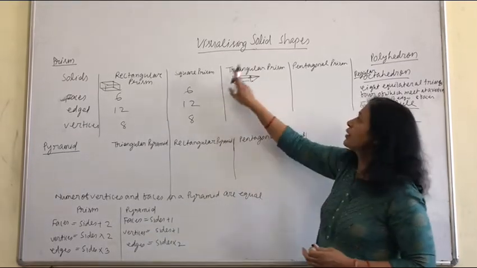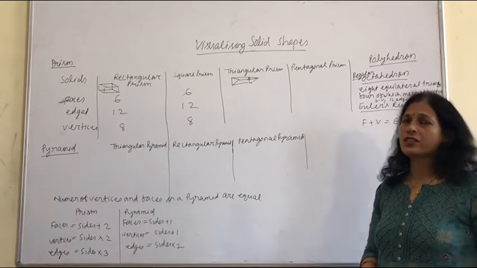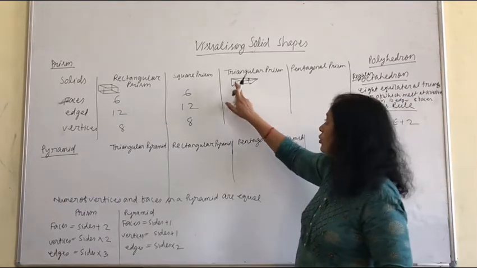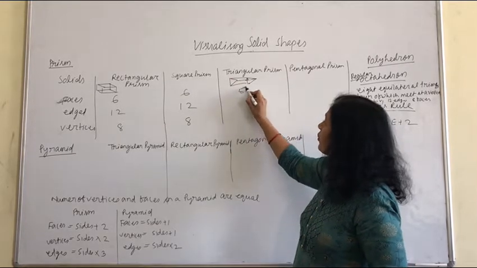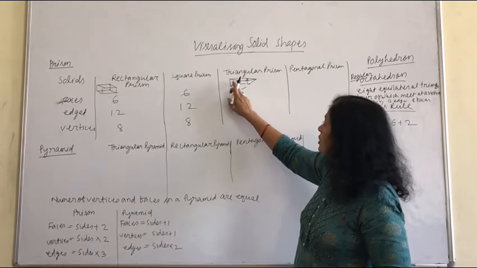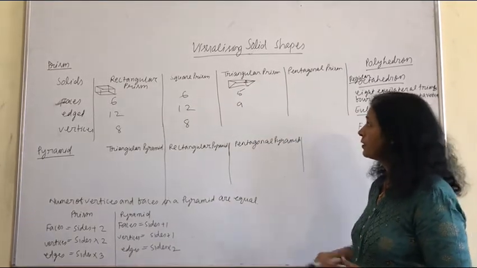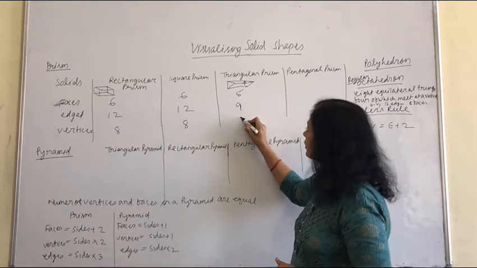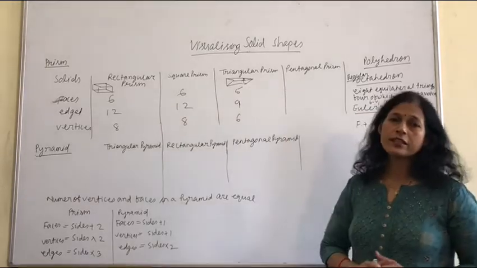Okay, so this is your triangular prism. Now you find out how many faces, edges and vertices. So here 2 and 3, 5 faces. Clear? Then edges, here 3, 9 edges. And how many vertices? 6 vertices, because 1, 2, 3, then 4, 5, 6 vertices.